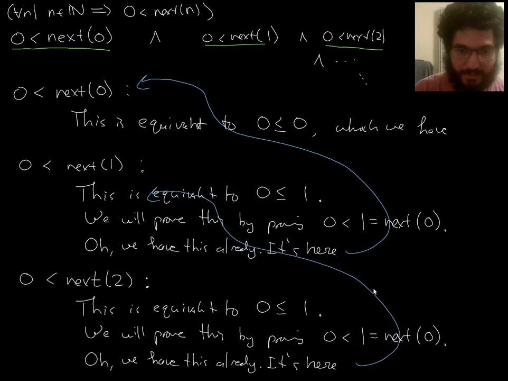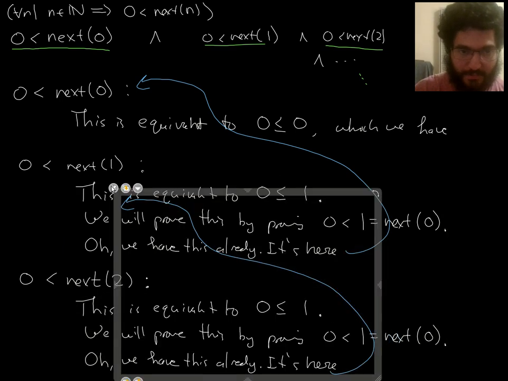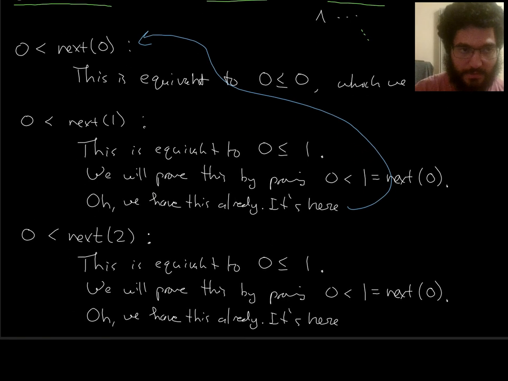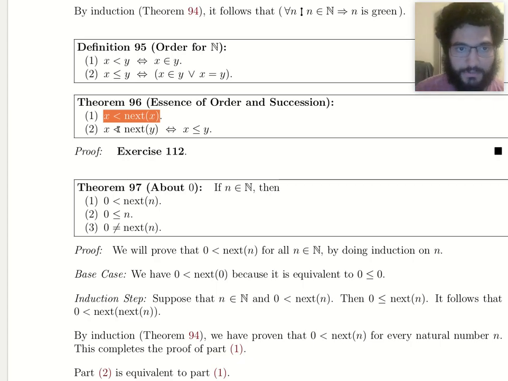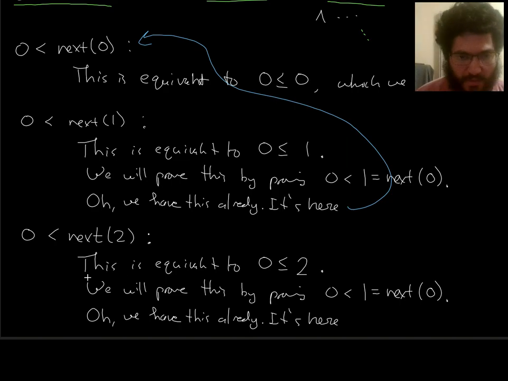Let's get rid of this giant arrow. Let's see, 0 less than next 2. So that's equivalent to 0 less than or equal to 2. That's thanks to over here. And we will prove this by proving, well, we could either prove 0 equals 2, or we could prove 0 is less than 2, right?